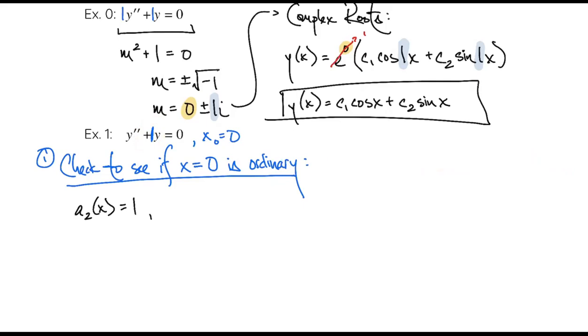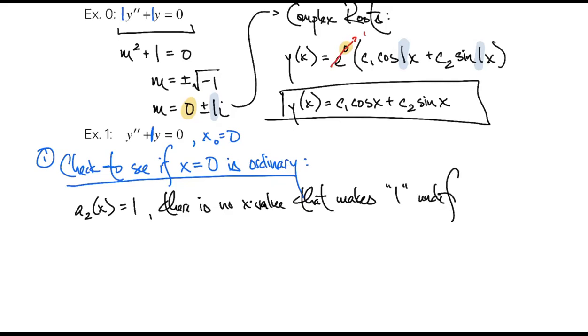So a sub 2 of x equals 1 is one clue. The second clue is that there is no x value that makes 1 undefined. And in particular, this 1 is what we would call our Q of x, right? It's always defined. And so therefore we know that this is ordinary about x equals 0.